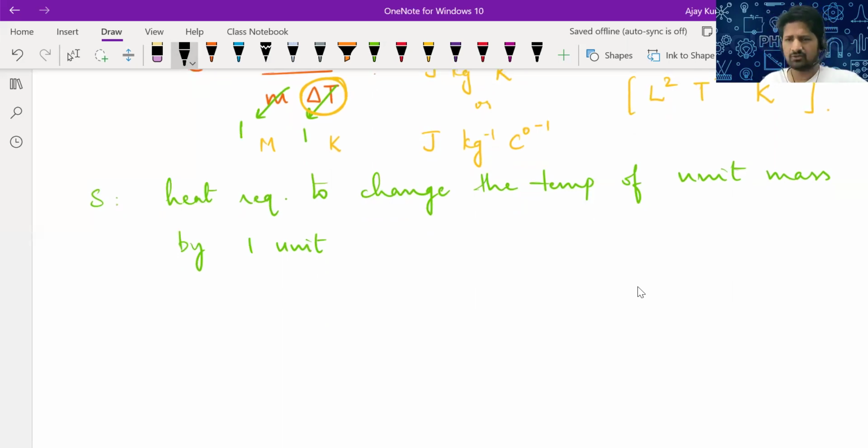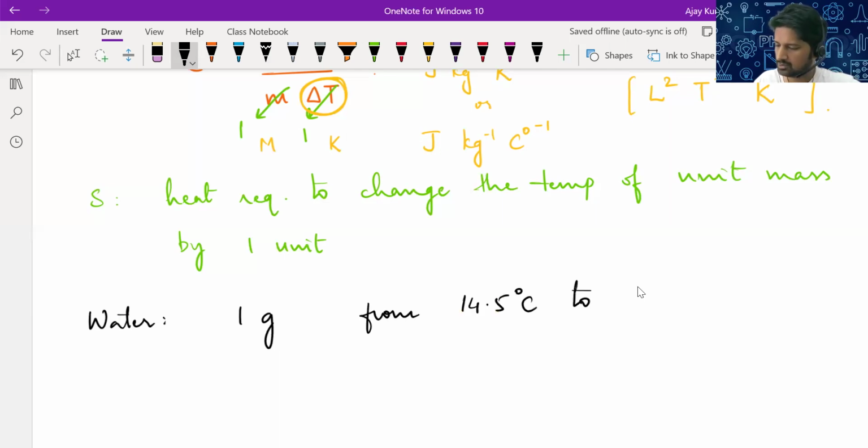Then, okay. Now, if you consider water, to raise the temperature of 1 gram of water, particularly from 14.5 degrees C to 15.5 degrees C. Okay, now 14.5 to 15.5 is 1 unit change only, no?